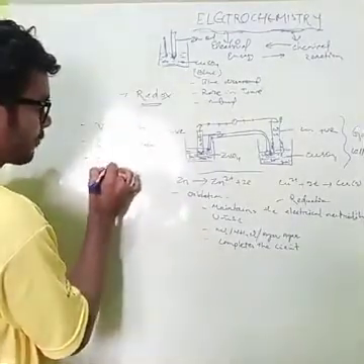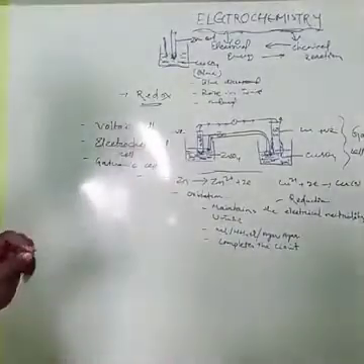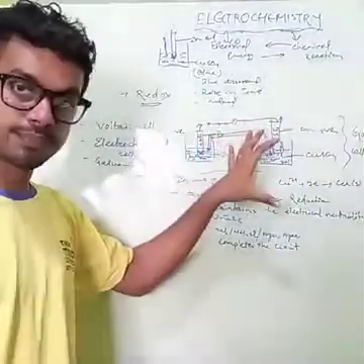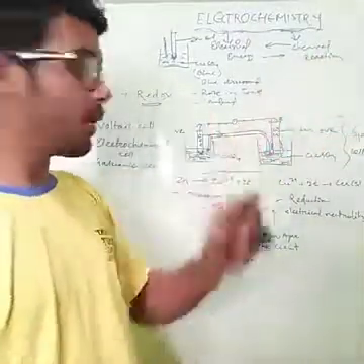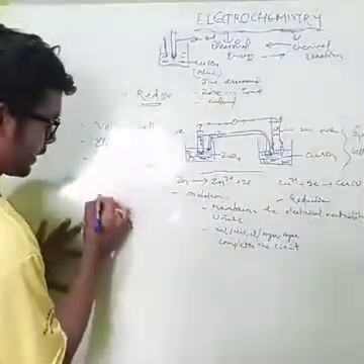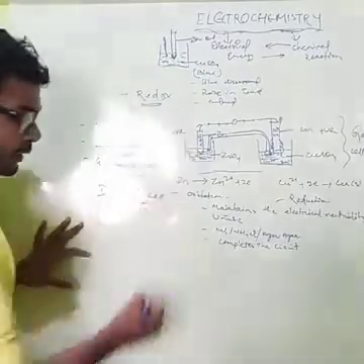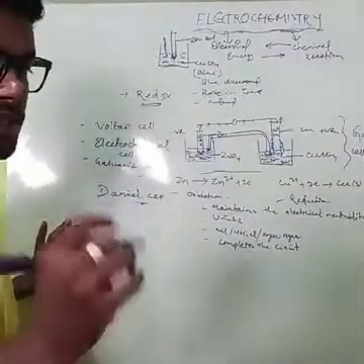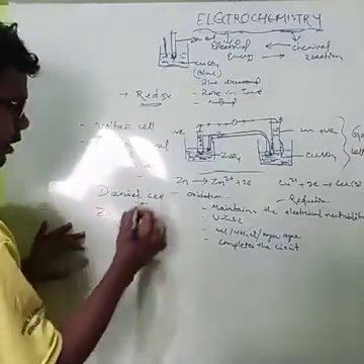Okay. One important example of this galvanic cell is the Daniel cell. This is Zn and copper, this one.